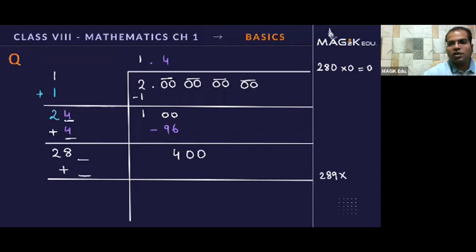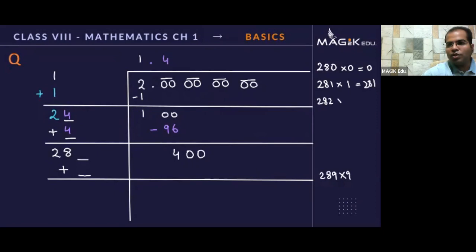I have so many options. तो मैं 280 के बाद 281 into 1 जैसे ही करता हूँ, I get 281. And if I do 282 into 2, I get 564. Oh, I should use 1. 281 into 1, I get 281.